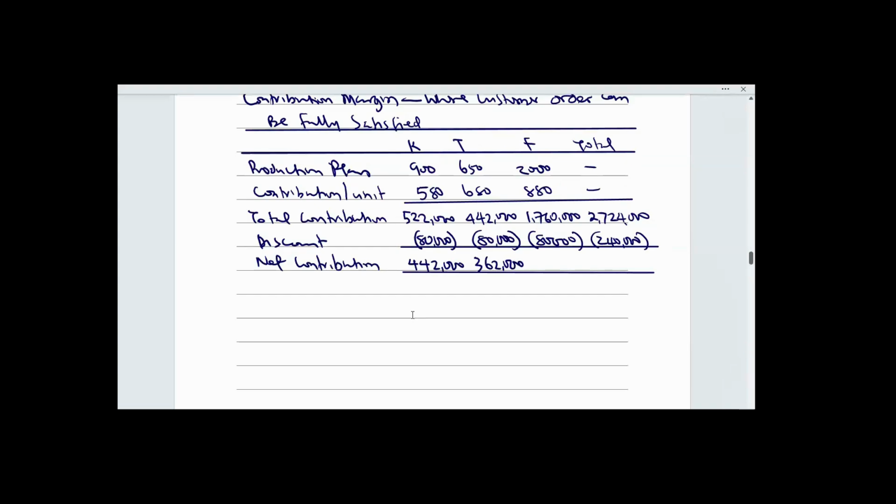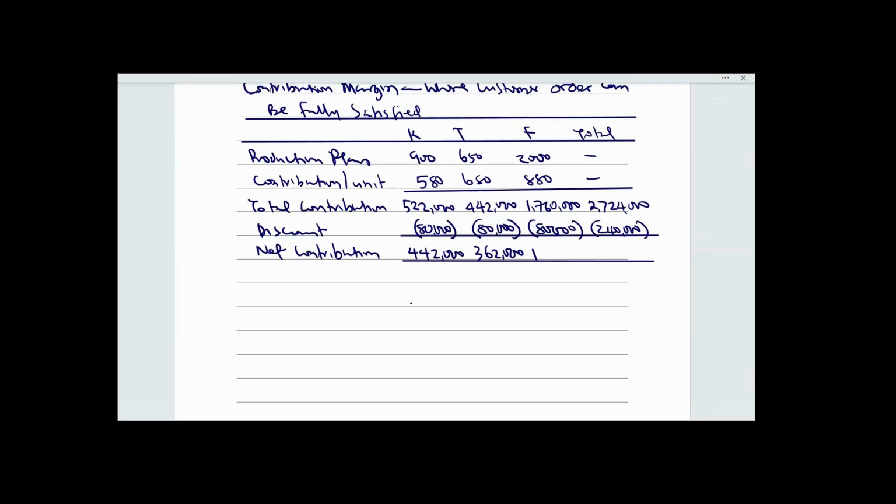For F, we have 1,680,000. Then total: 2,724,000 minus 240,000 gives 2,484,000. That's it.